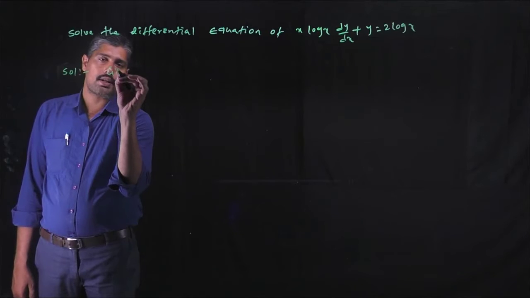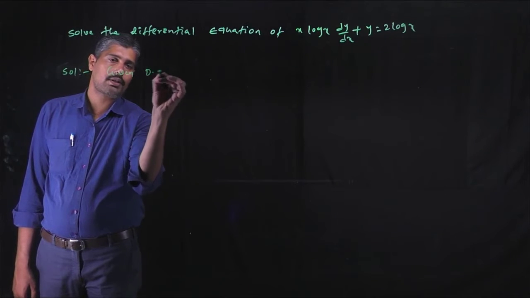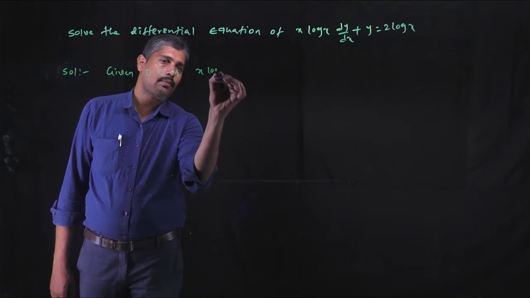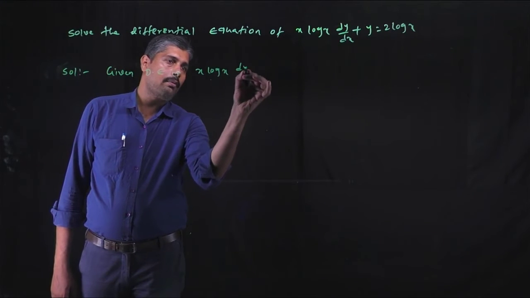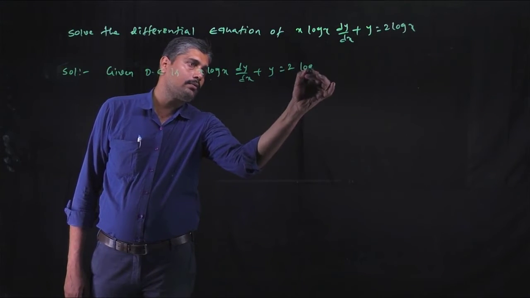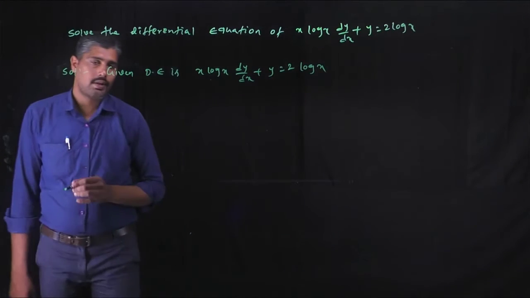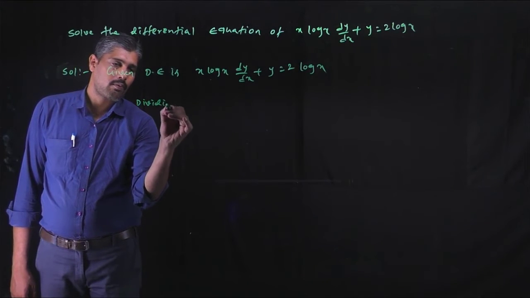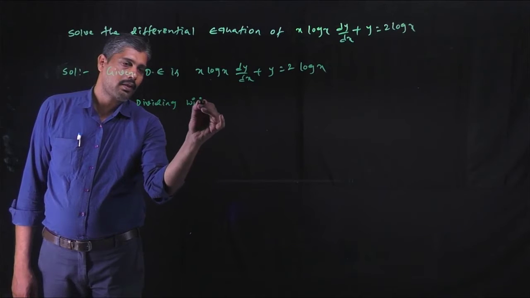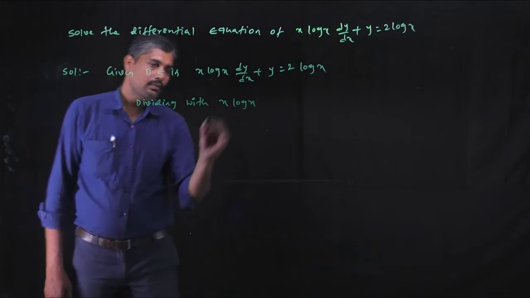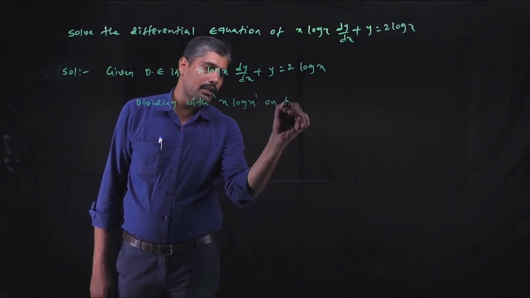Given differential equation is x into log x dy by dx plus y equal to 2 log x, right? Dividing with x log x on both sides.